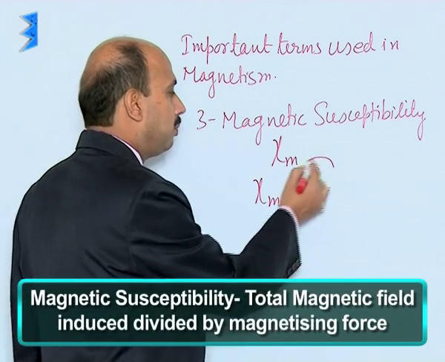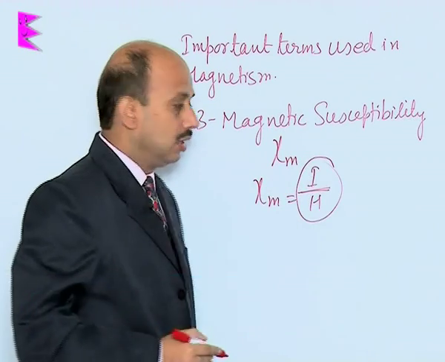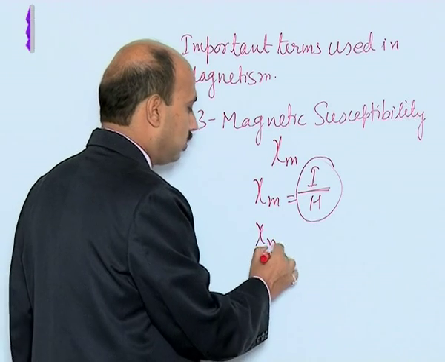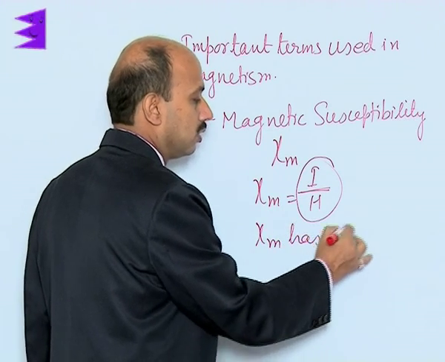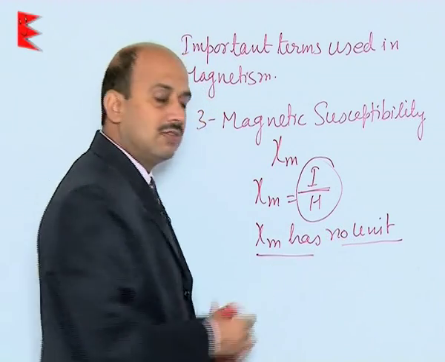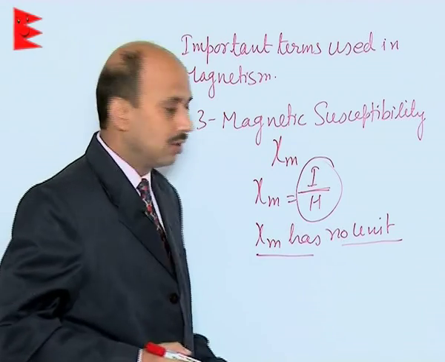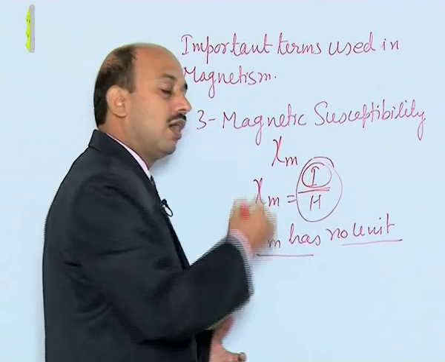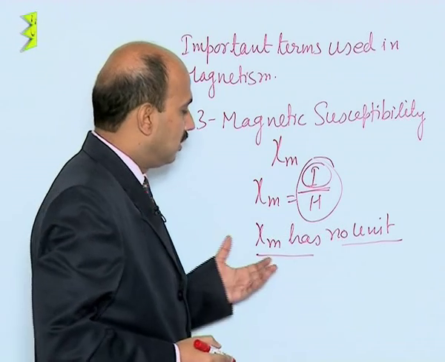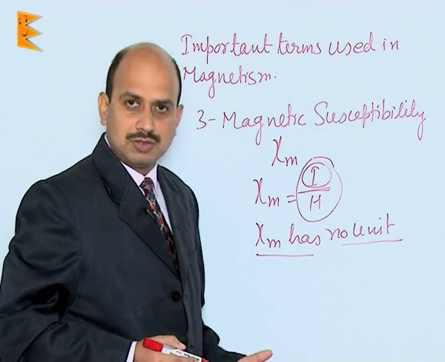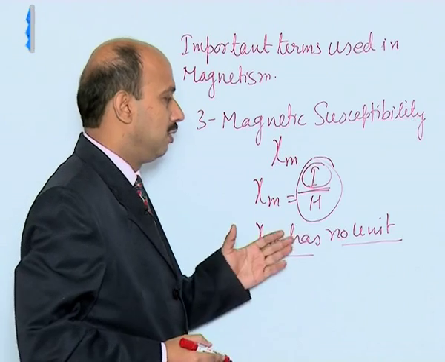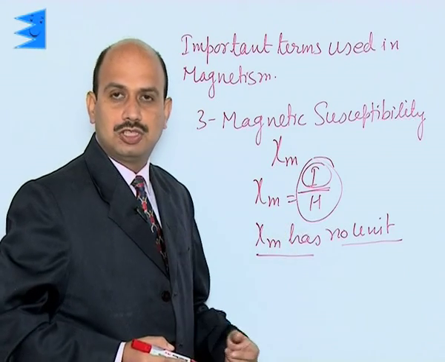It is the ratio of these two, I and H. These I and H have the same unit, so χm has no unit, it is just a number, but it tells how easily a material can be magnetized, where I tells to what extent a material can be magnetized. So, χm is a dimensionless quantity and is equal to I upon H.